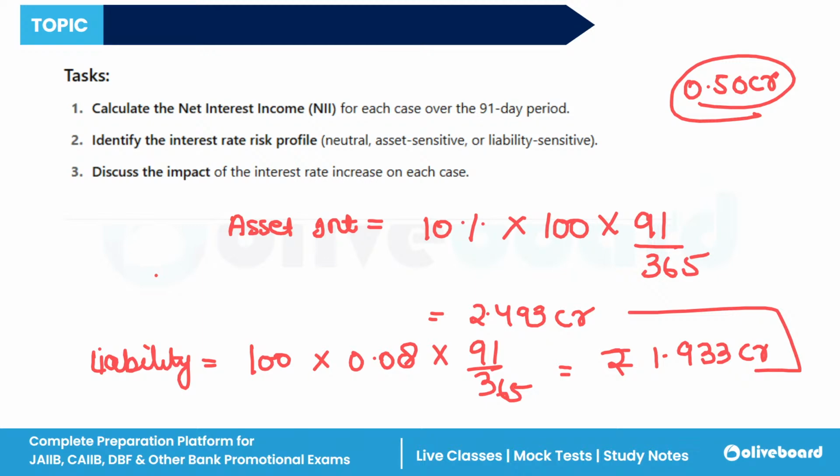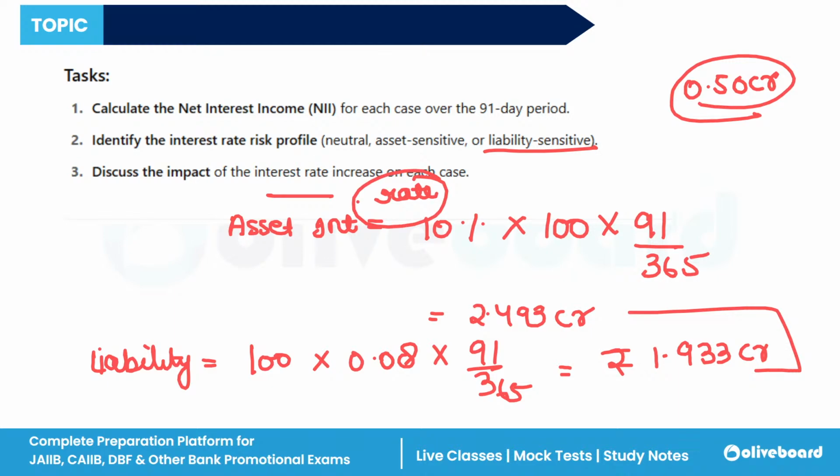So both assets and liabilities are matured at the same time, right? Now, in the case of identify the interest risk profile, this is the liability sensitive, and NII will decline in future periods because if rates rise, it hurts from the rate hikes.